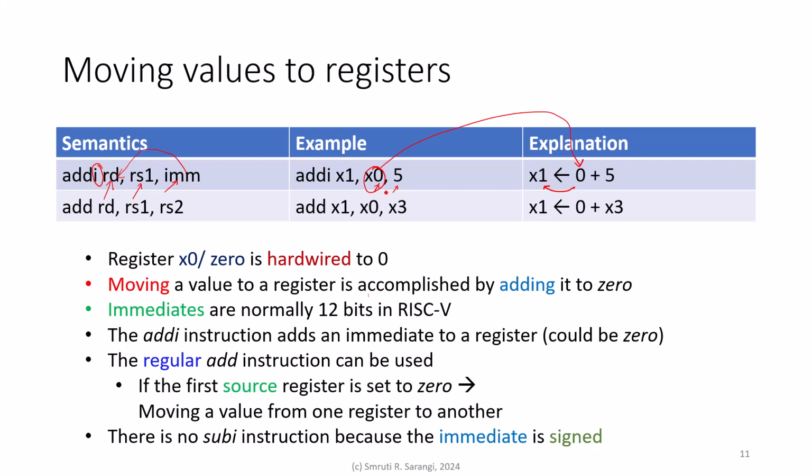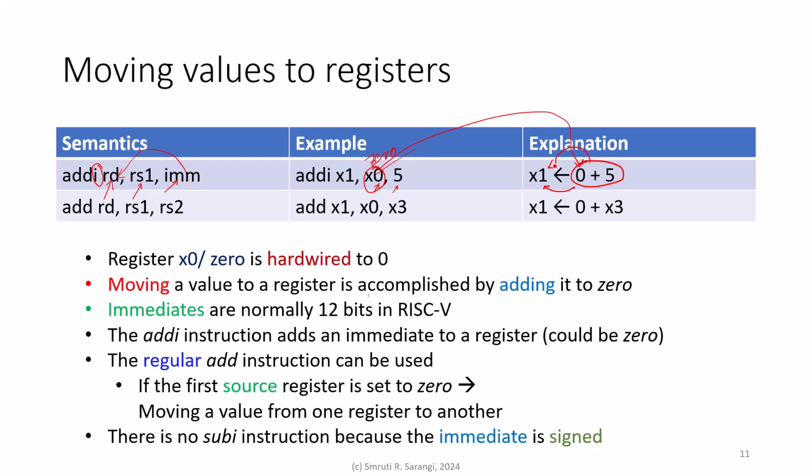The reason being that you can use x0, the 0 register. Anything added to 0 is essentially that number, so that is being transferred to the destination register. This is tantamount to moving the value.